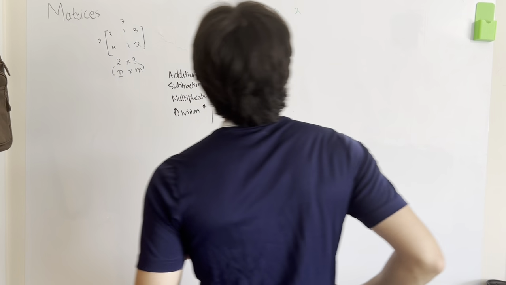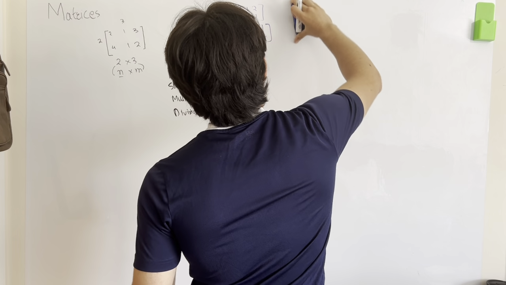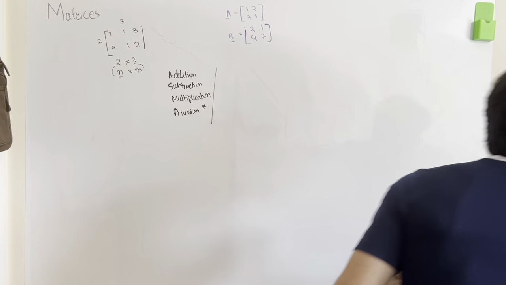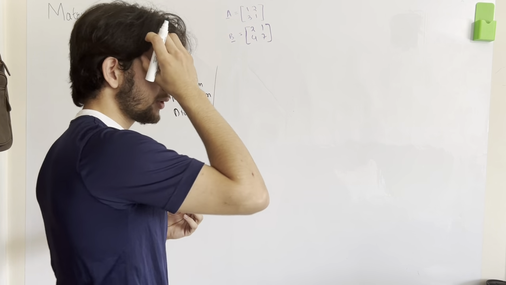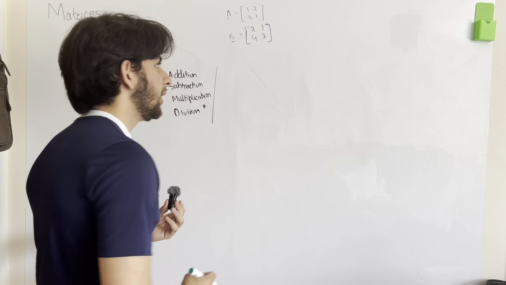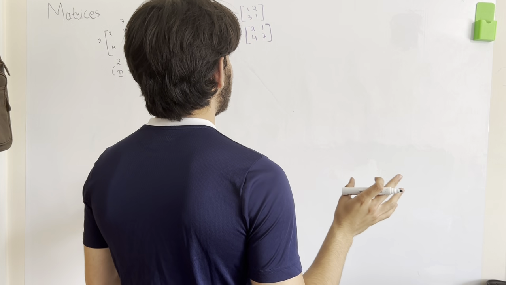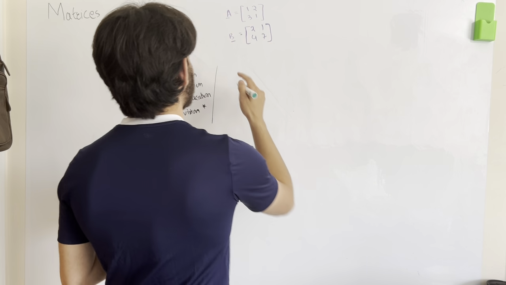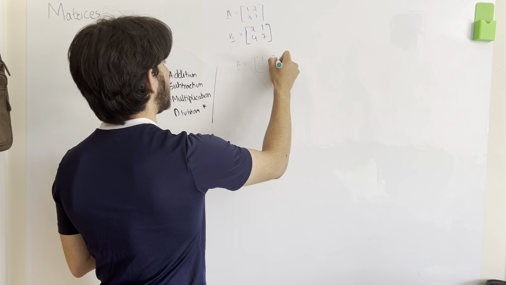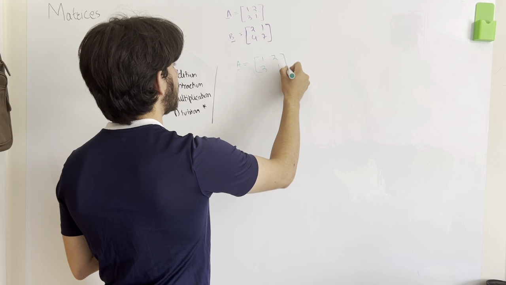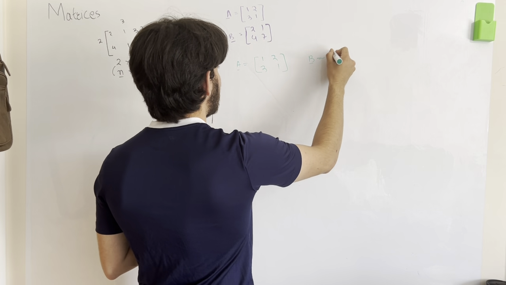Now, with addition, it's one of the simpler operations. What you have to do is look at the element in the other matrix which corresponds to the element in the first matrix. So if I write them side by side, it becomes obvious what I'm doing once I start with the calculations.